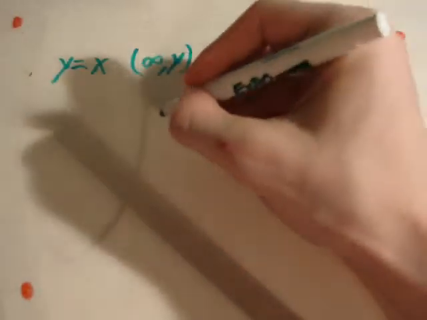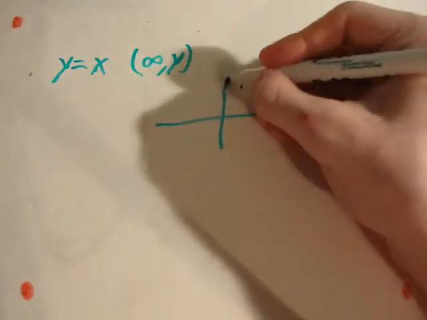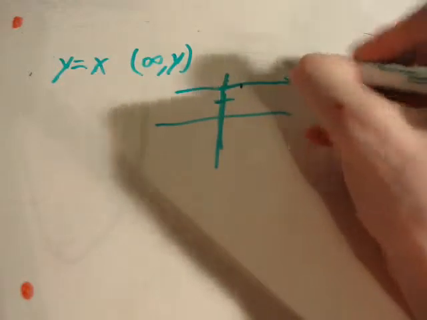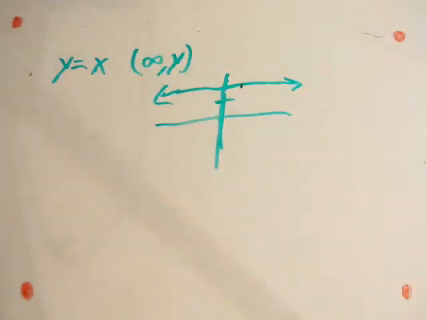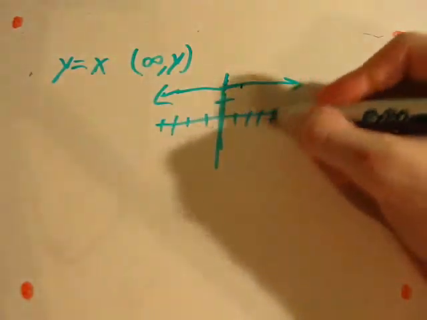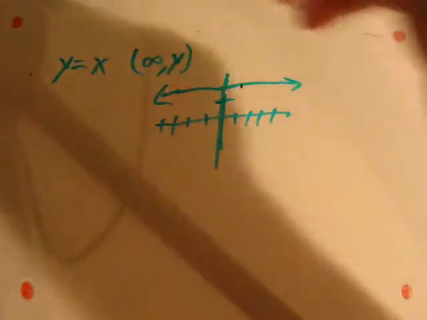If you choose 2, it'll be a straight line through the second mark on your graph, and it doesn't matter what x it is, y is always going to be 2.